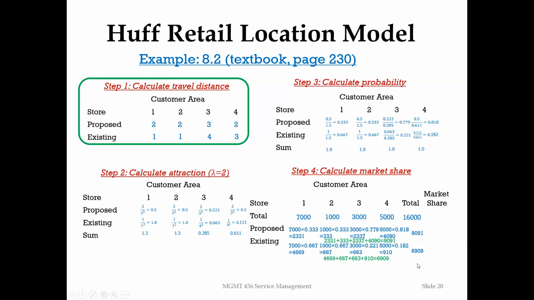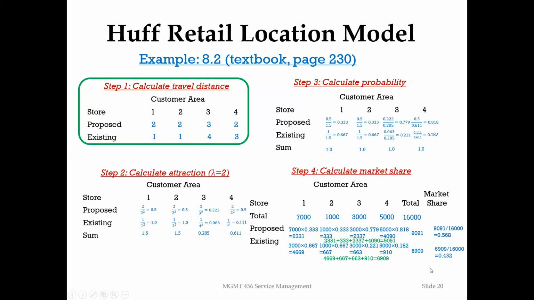So what's the total market share? So for the proposed store, the total market is $16,000, and the proposed store will capture how much of them? Will capture 9,091. So 9,091 out of 16,000, that basically represents about 56.8% market share. So that is actual market share.